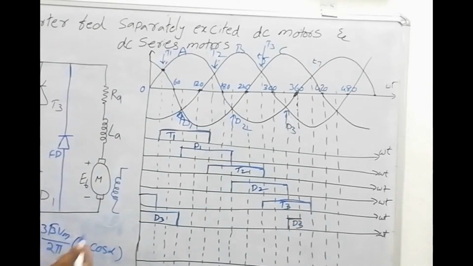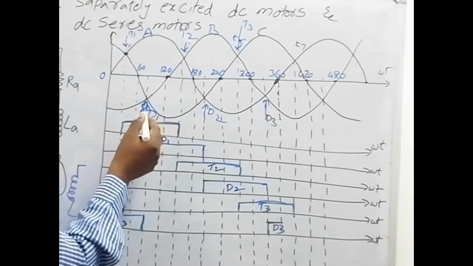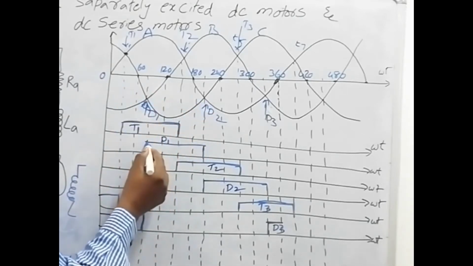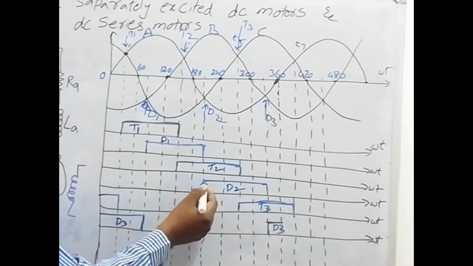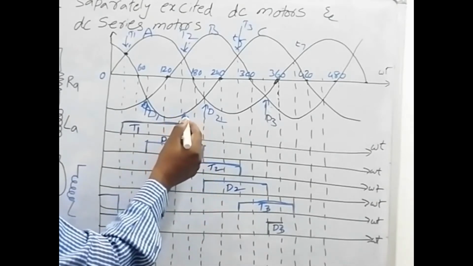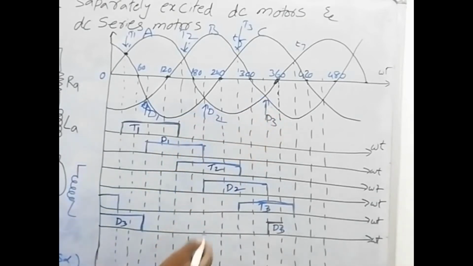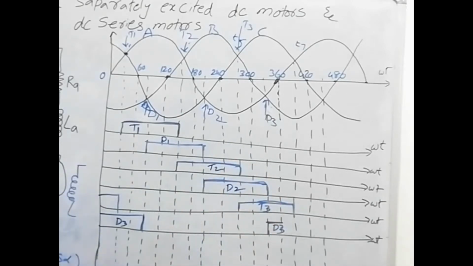Coming to the negative side, the D1 conduction period is T2 to T4, so draw this one. Similarly for D2, T4 to T6, this is the conduction period of the diode.